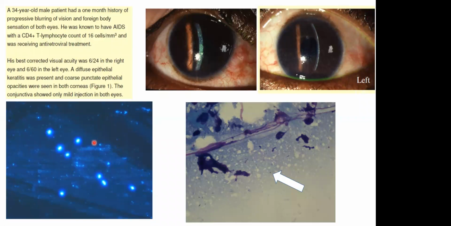The scraping was sent to us. This is our calcofluor white again, showing up the spores nicely. Dems are on the left, sorry, on the right, and they showed up as these tiny little blue things, not very specific, and really only seen if one was looking for them.